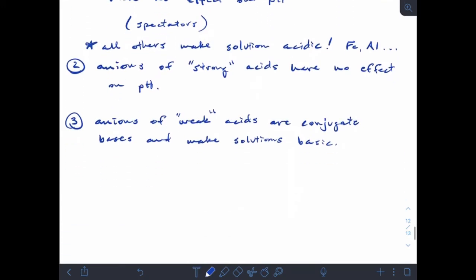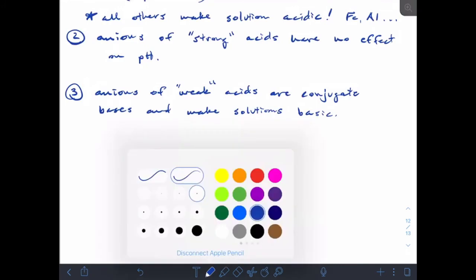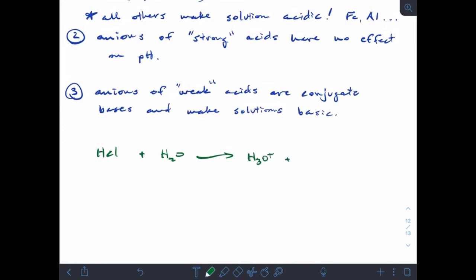Okay, so let's talk about what I'm talking about. If I take some HCl and I put it in water, the only thing it does is come apart. And we get H3O plus and Cl minus.